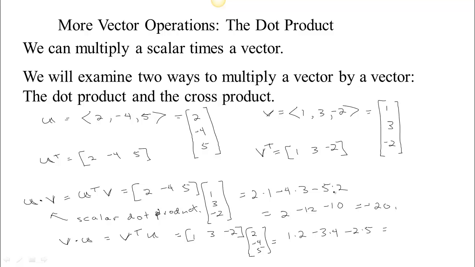You're multiplying the same numbers, you're just doing it in a different order. You're adding them all up, you're still going to get the same answer. It's still 2 minus 12 minus 10 is -20. So that's always true, that the dot product is commutative. When we look at the cross product, that won't be true. We'll actually get a slightly different answer if we multiply in a different order.